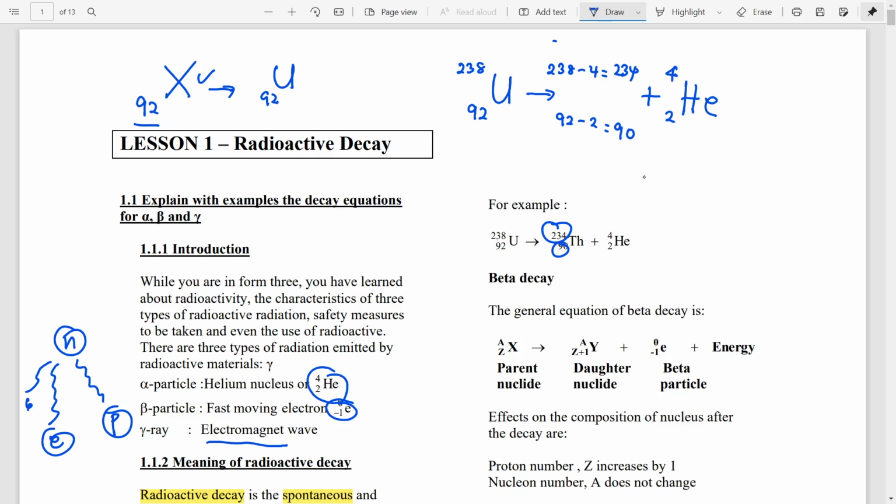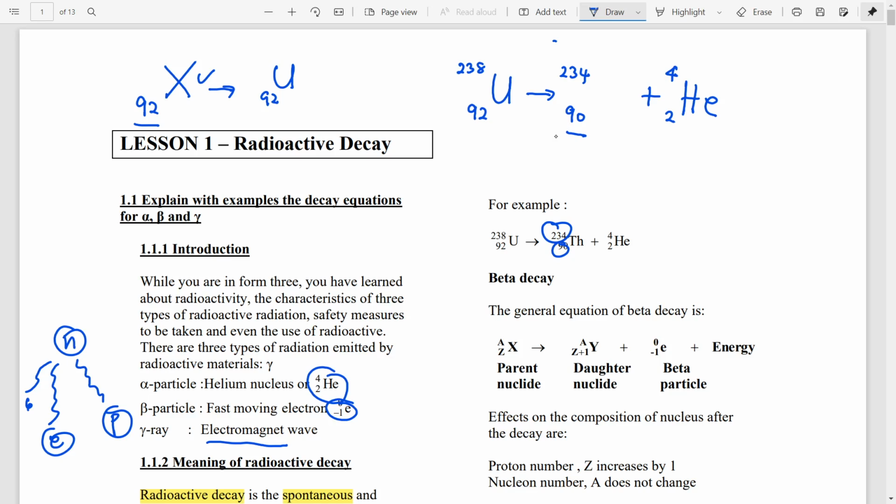So what you will get here, let me rewrite this number. Here is 234, this is 90. So we will get a new element. Of course here the element is already given, which is thorium, but if the element is not given, how can you determine its name? You can refer to the ID number here, 90.